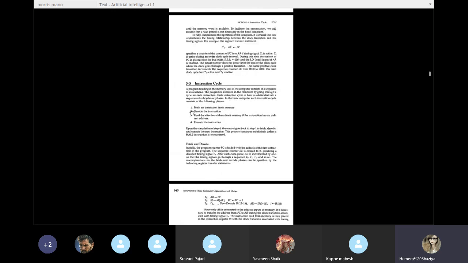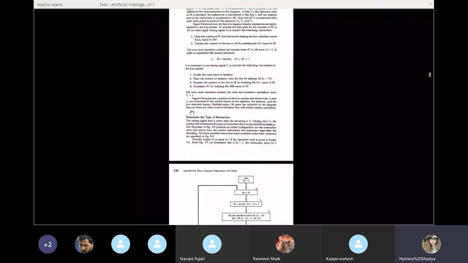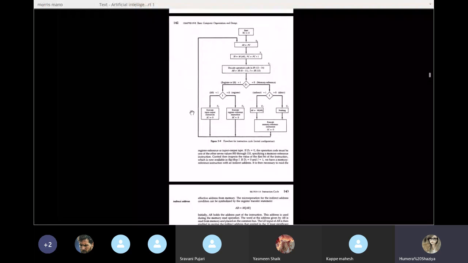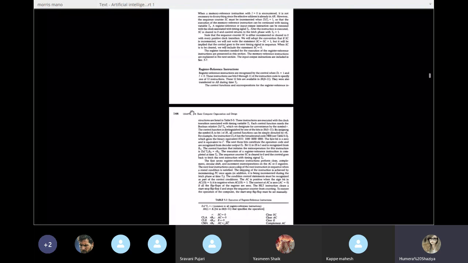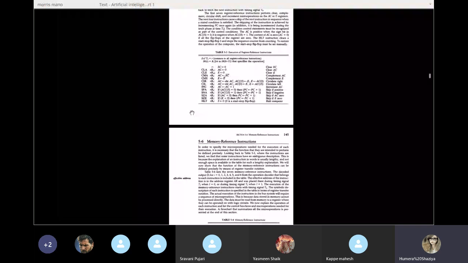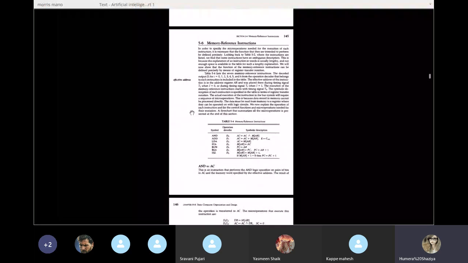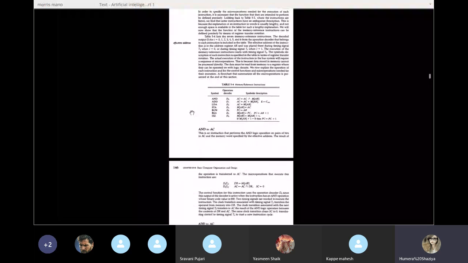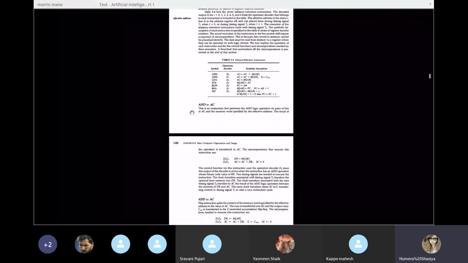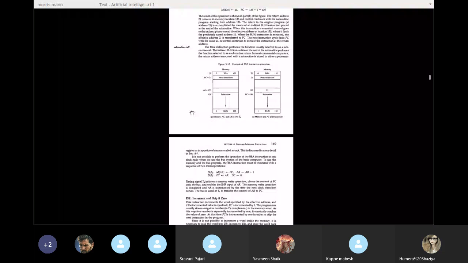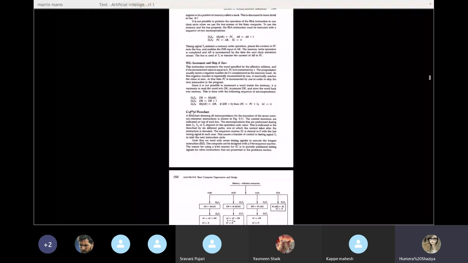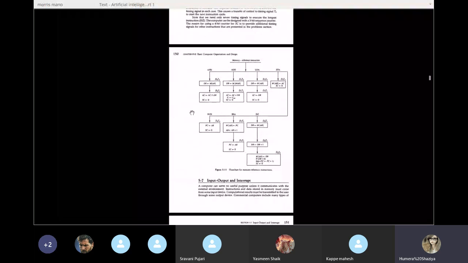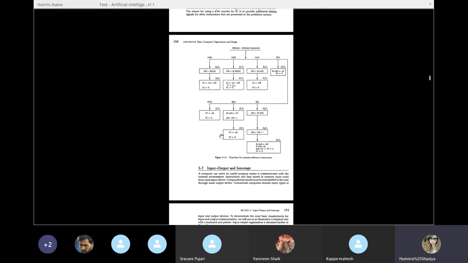And the instruction cycle is clear, you said. Next, this flowchart is clear. And these are register reference instructions, which we looked at yesterday. And these are memory reference instructions. This is nothing but the memory reference instructions you are putting in the form of a flowchart.